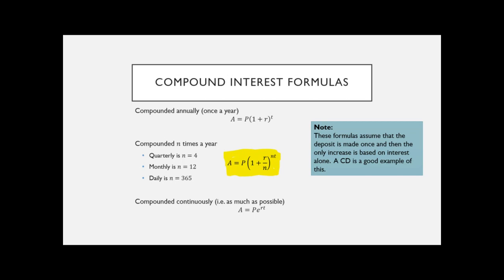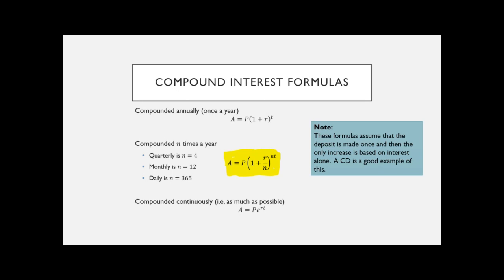So when you see an advertised APR of 3%, that's not 3% every month. It's a smaller amount, so it's a lot smaller if you look at it as a monthly rate than it is for the year. It's a little misleading, but you need to understand how that works. So we have to modify the formula so that we're dividing by the number of times a year you're getting that interest.